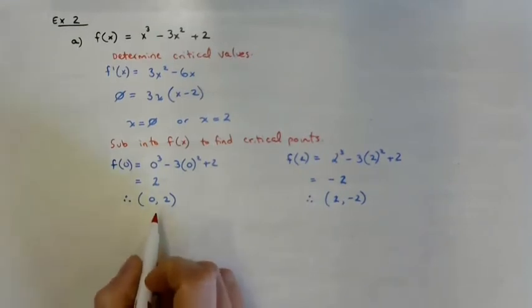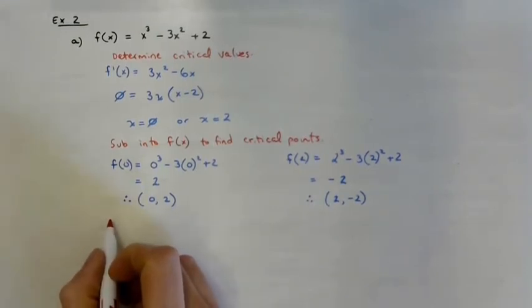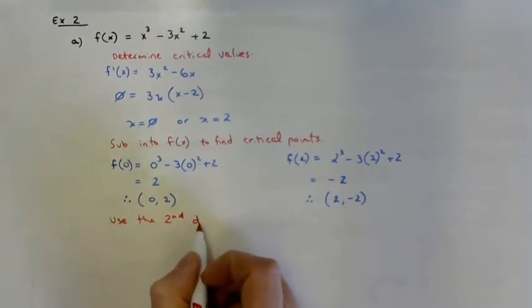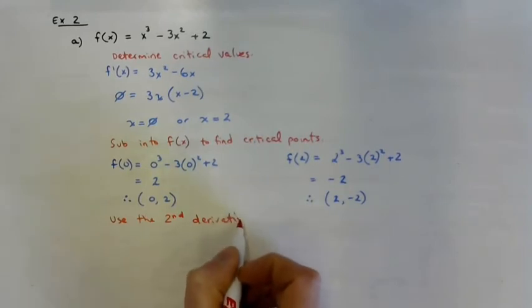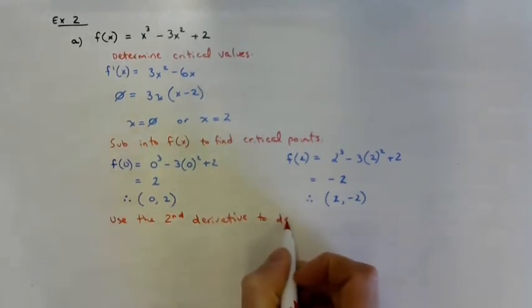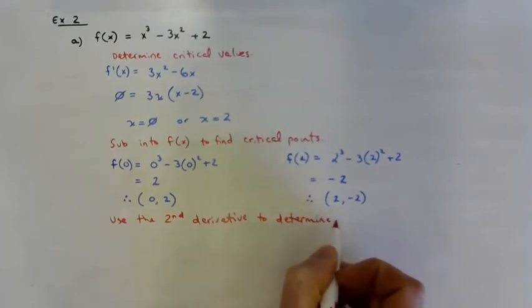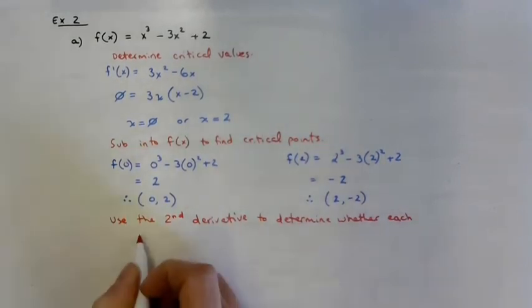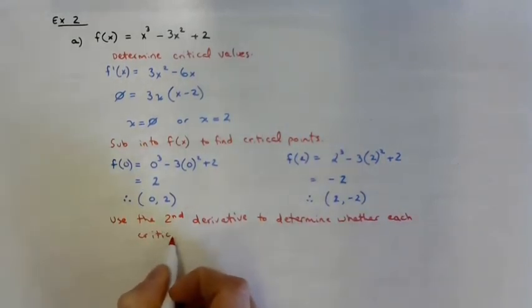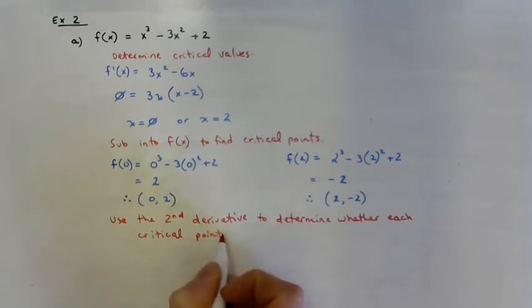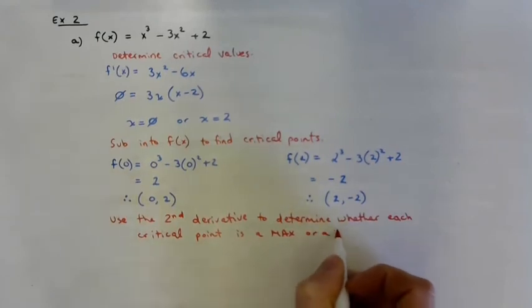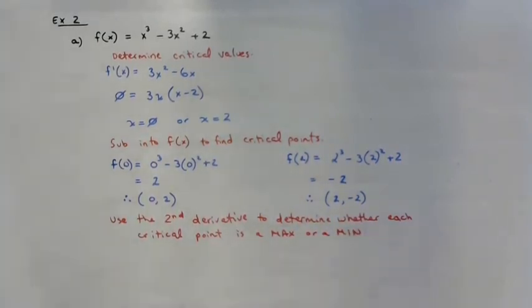Okay, from here, now that we have our critical points, we're going to use the second derivative to determine whether each critical point is a max or a min.